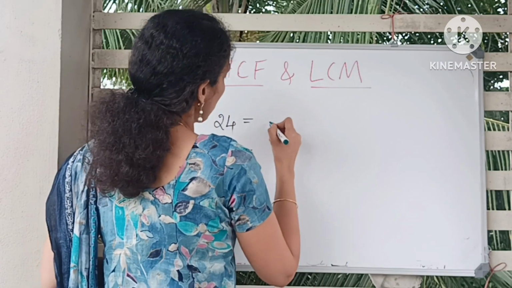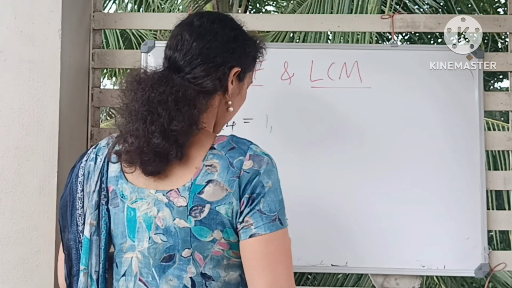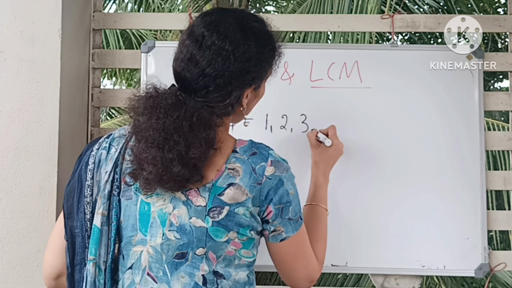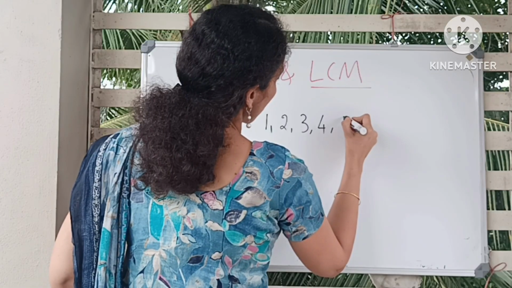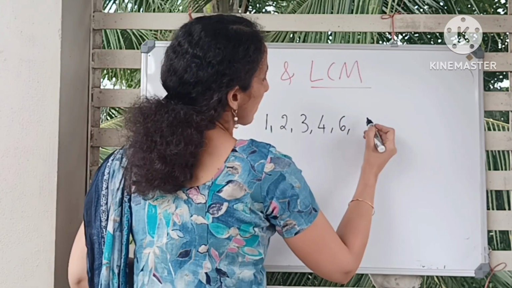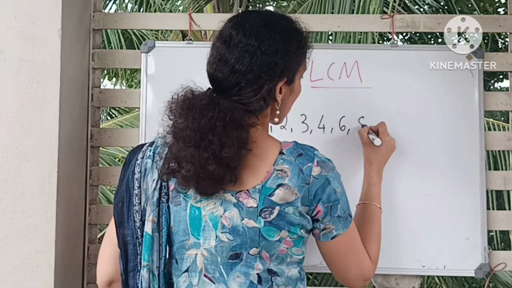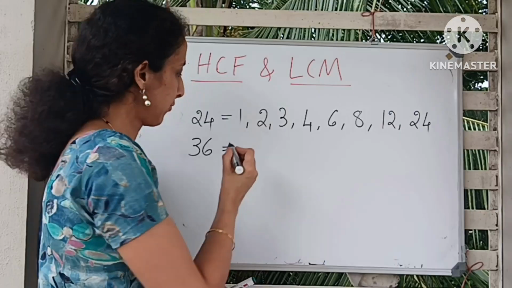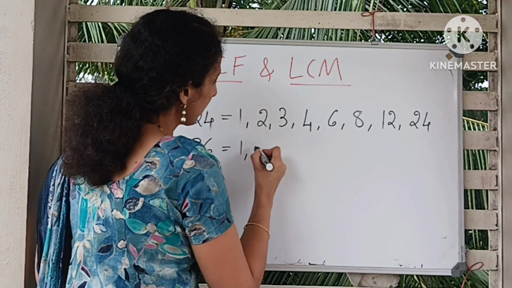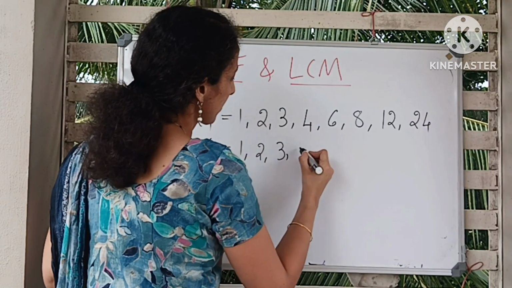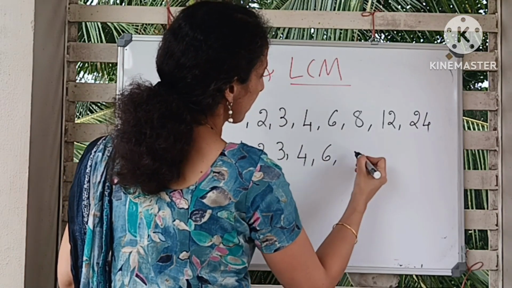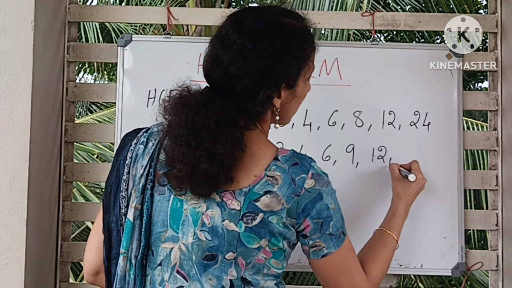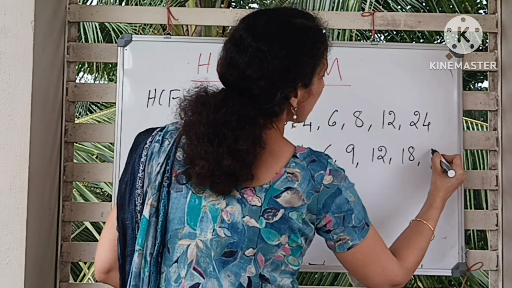So 24: 1, 2, 3, 4, 5 is not a factor, 6, 8, 12 and 24. For 36 the factors are 1, 2, 3, 4, 6, 9, 12, 18 and 36.